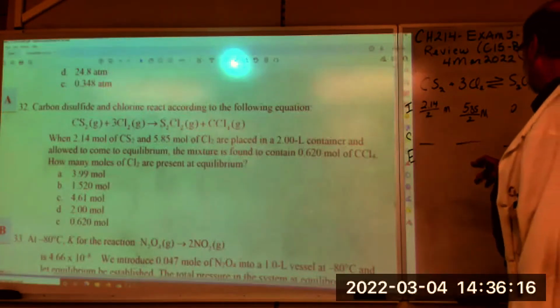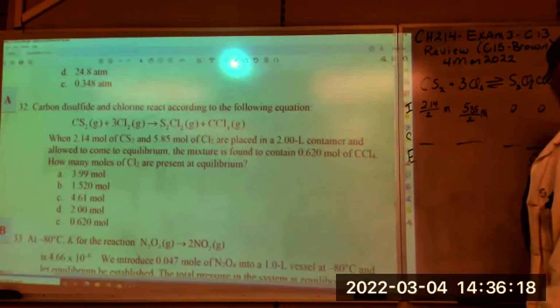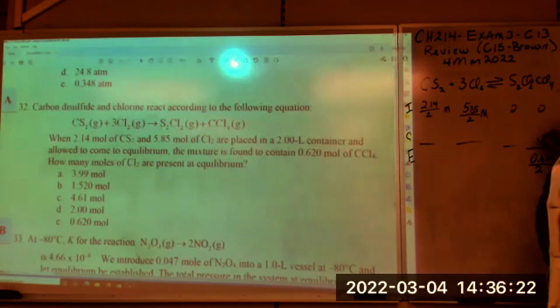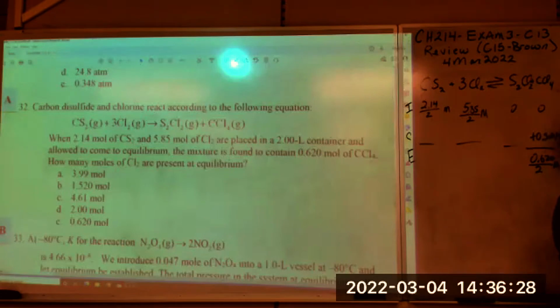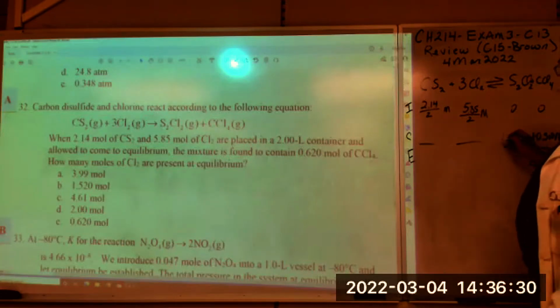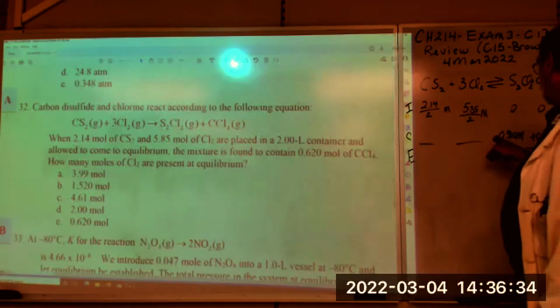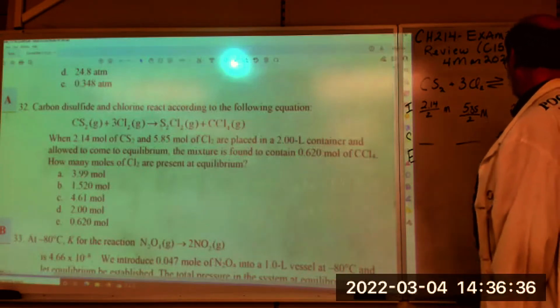Here. So we had to add, plus, let's see, that's 0.310, 0.310 molar there. And this would also be 0.310 molar. This would lose 3 of those.